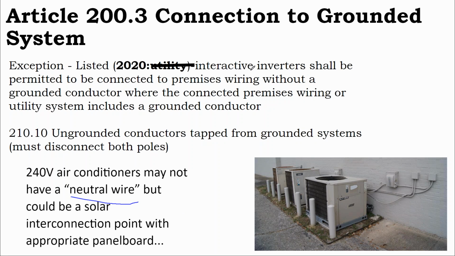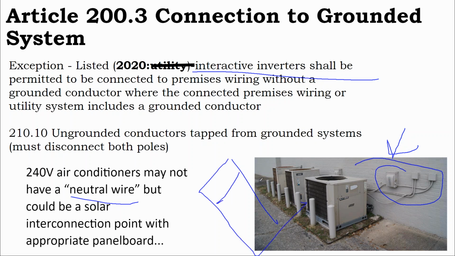And so what this is saying is that actually solar inverters that are 240 volt do not need a neutral wire, and that all the more says that this can be a point of interconnection on a home, which I think is really interesting, because what that implies is you can put just a 4 or 5 panel system next to your air conditioner, maybe backfeed with microinverter circuits, or even do a kind of critical load panel and back up your air conditioner while also backfeeding the grid.